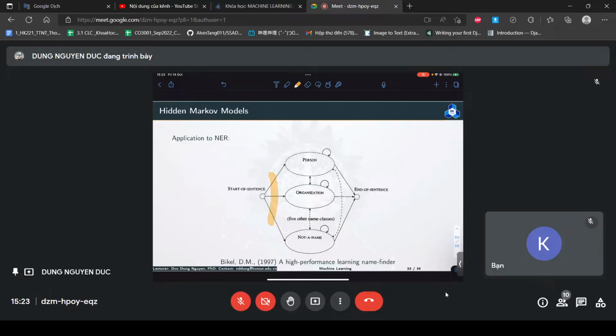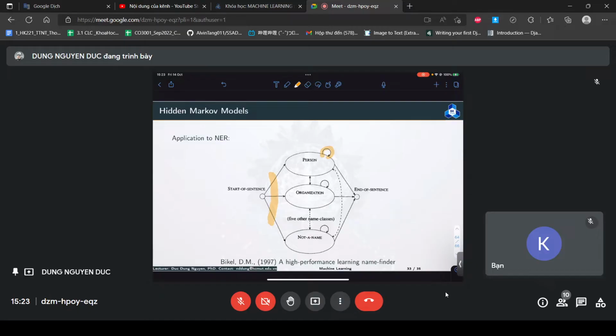And then when you observe a person, you can observe the next word also another person. No, the same person maybe. So it looks like you have the name, and the name in any language can contain one word or maybe more than one, right? So you have this transition.